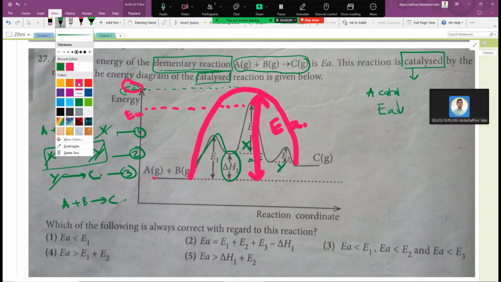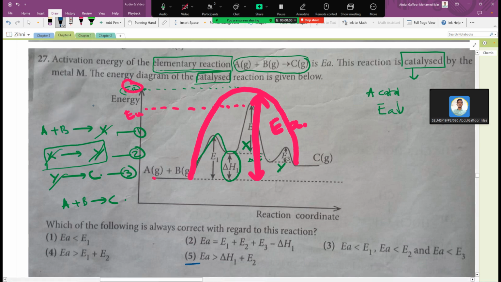EA is E1 plus E2, 5, I think. Is this the answer? I believe so, if I'm not sure.